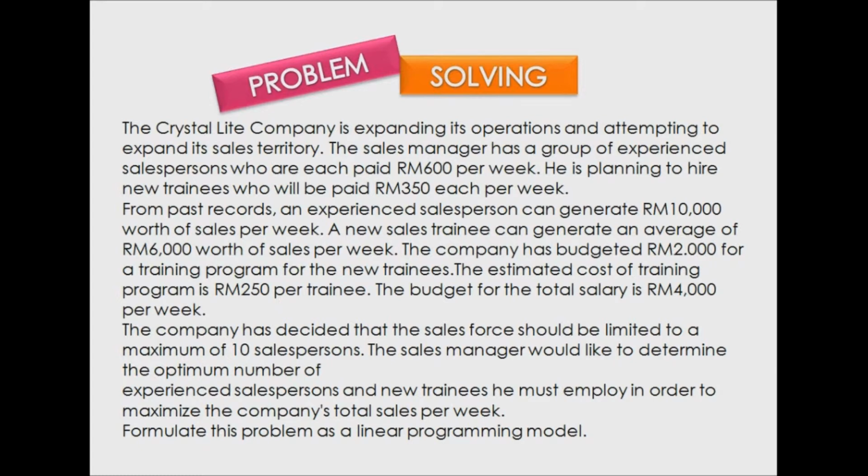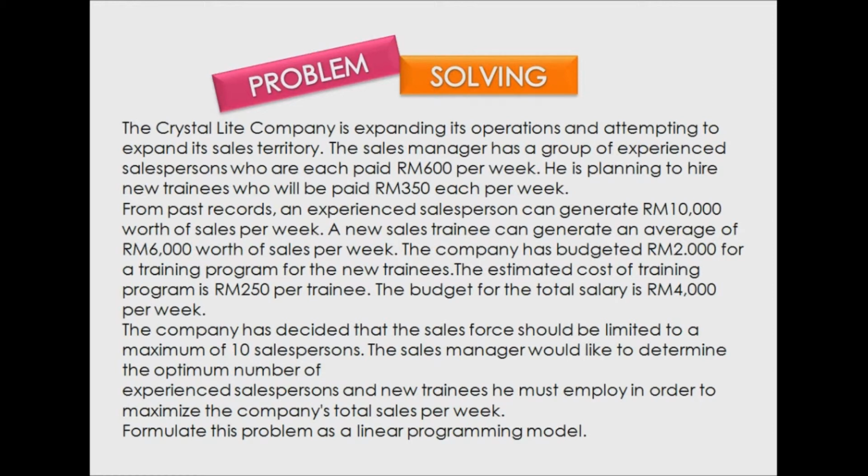The sales manager has a group of experienced salespersons who are each paid 600 per week. He is planning to hire new trainees who will be paid 350 each per week. From past record, an experienced salesperson can generate 10,000 worth of sales per week. A new sales trainee can generate an average of 6,000 worth of sales per week.